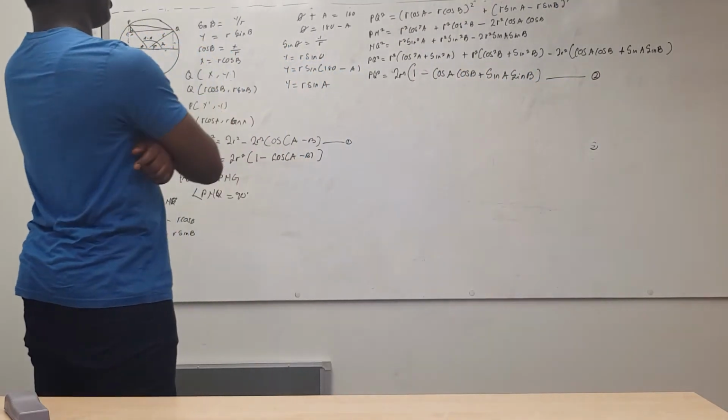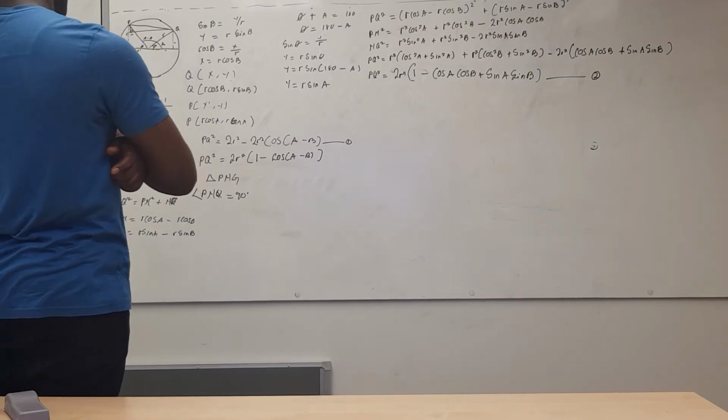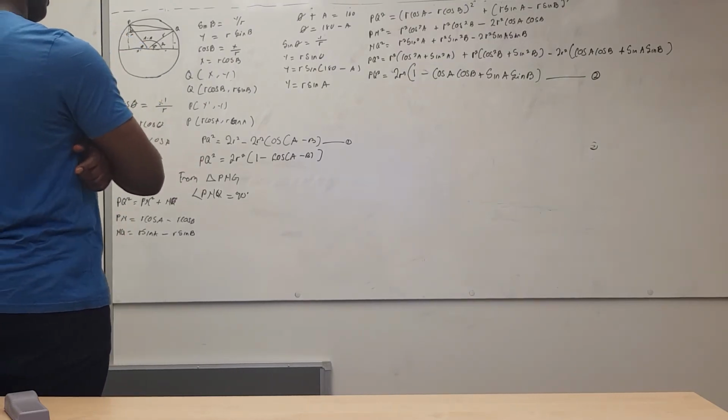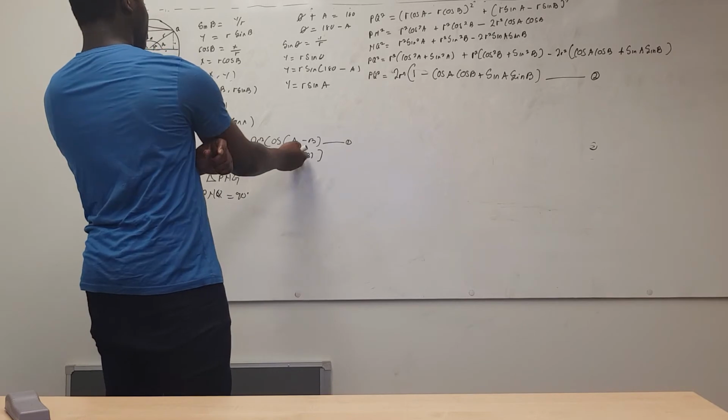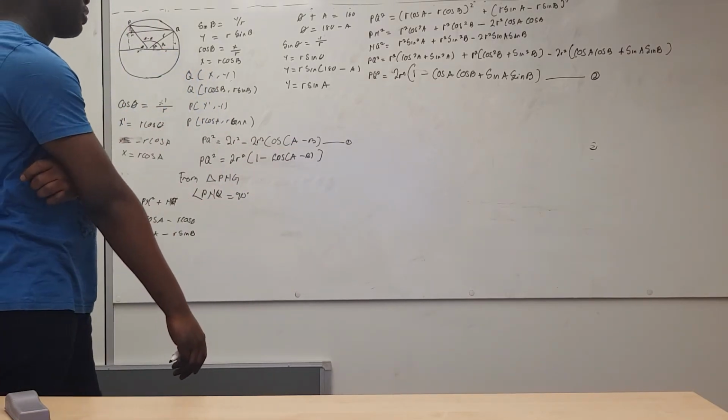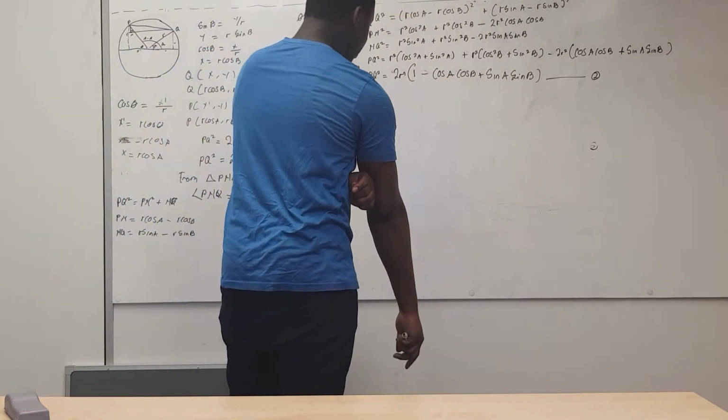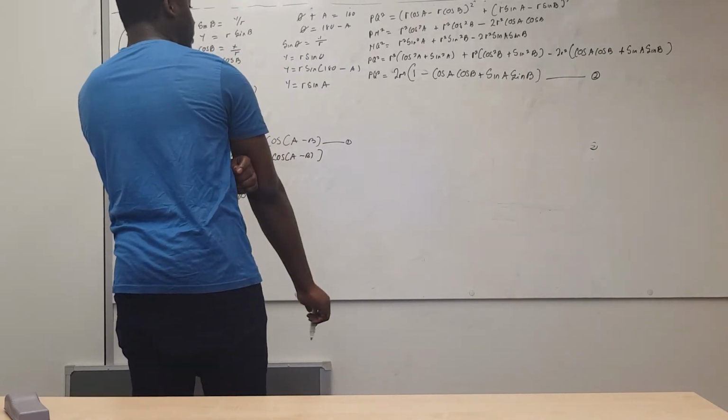What we're trying to do in essence is get what cos(A minus B) is. From cos(A minus B) we can derive what cos(A plus B) is.